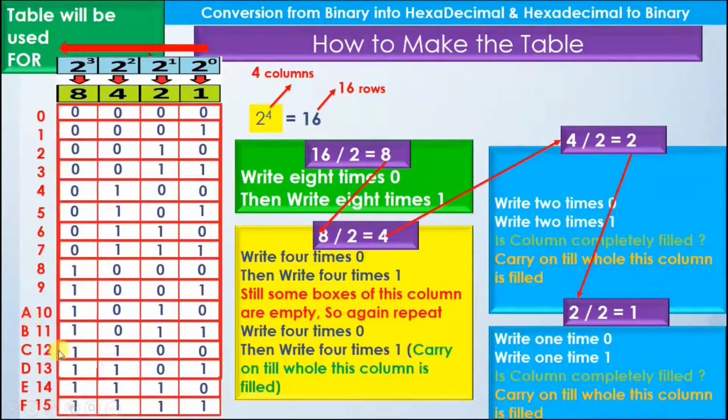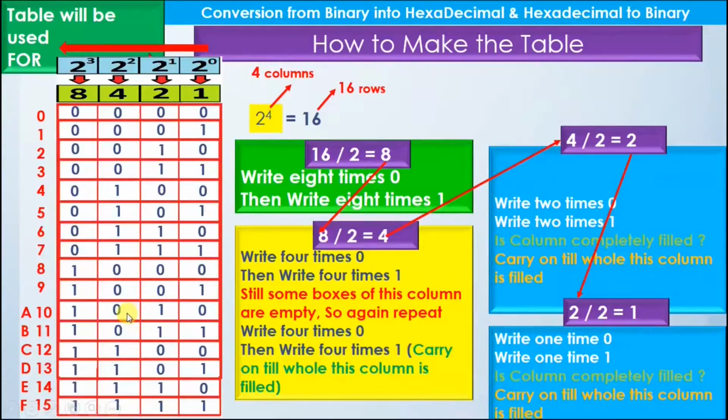Alright. So first of all, we will look at the column 1 and we will see that the value under column 1 is 0. So the value of this box is 0. Next we will see the column 2 and we will see that the value under the column 2 is 1. So the value of this column is 2.